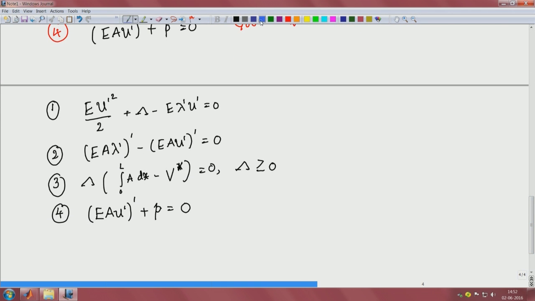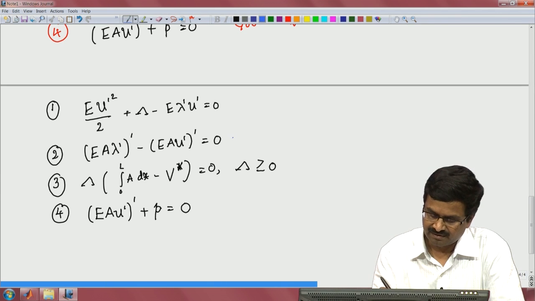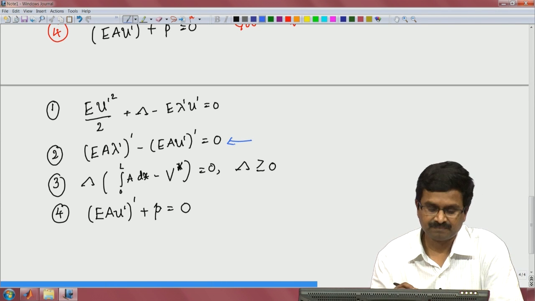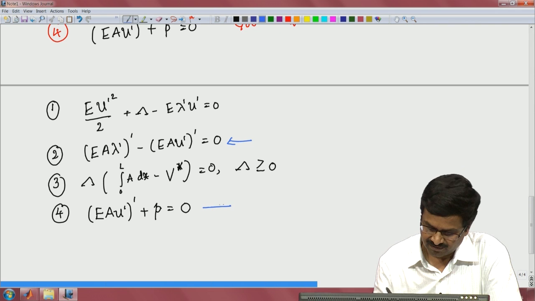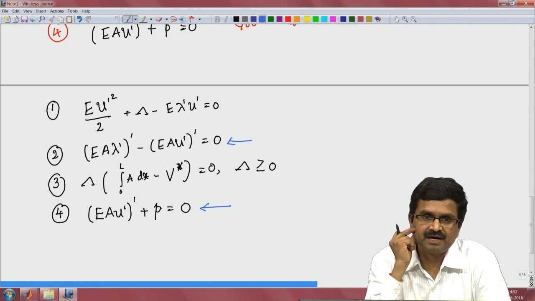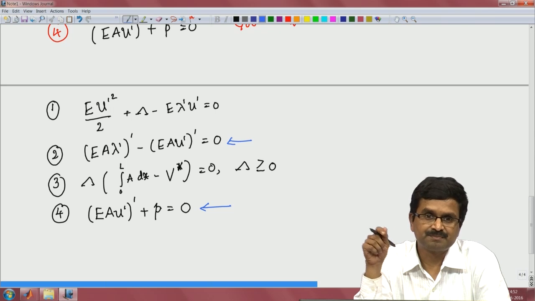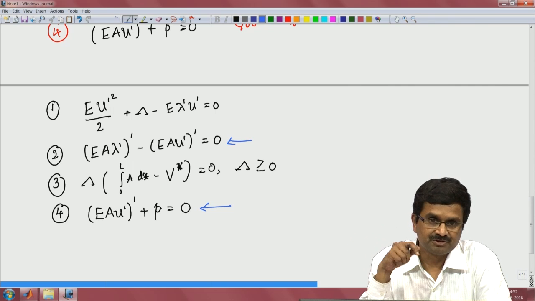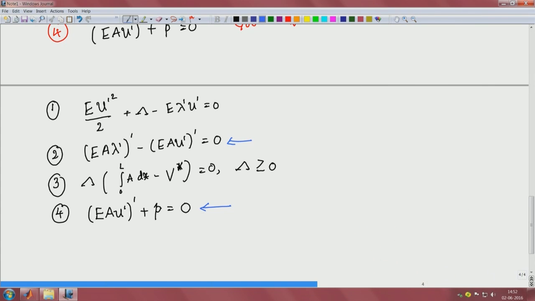Now, one thing we notice over here, which is our adjoint equation, if you compare that with our governing differential equation, you see that they are of the same form. If you look at equation 4, it is E a u prime prime plus p equal to 0, and equation 2 is E a lambda prime prime minus E a u prime prime equal to 0.